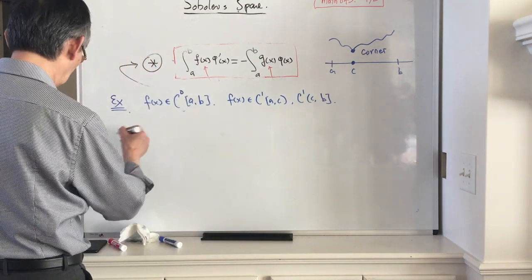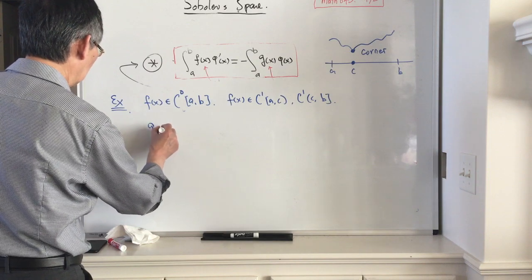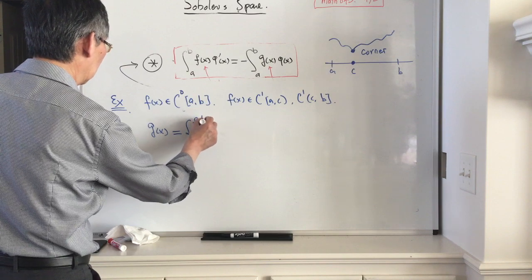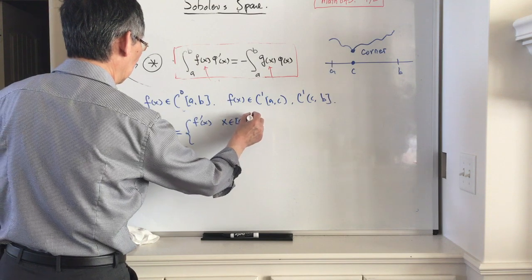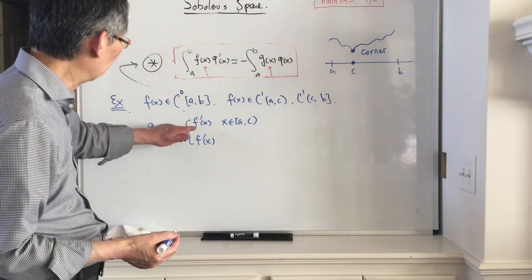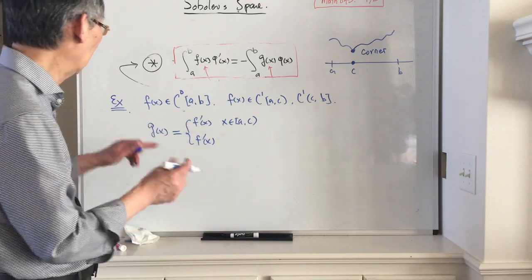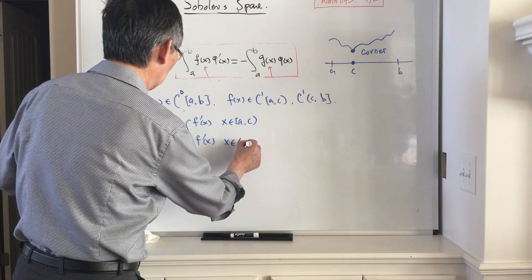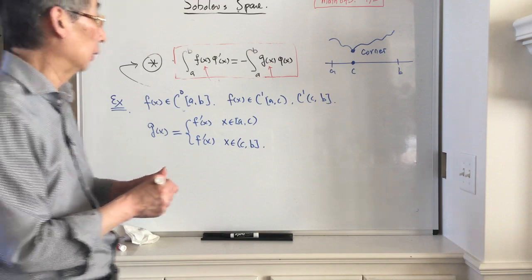I take g(x) to be f'(x) for x in (a,c), and f'(x) for x in (c,b). Because the derivative of f is not continuous at c, I have to define this piecewise. So this is a discontinuous function because of the corner here.